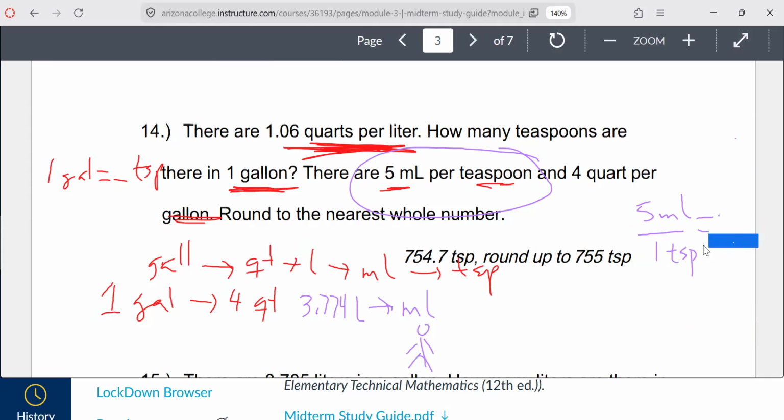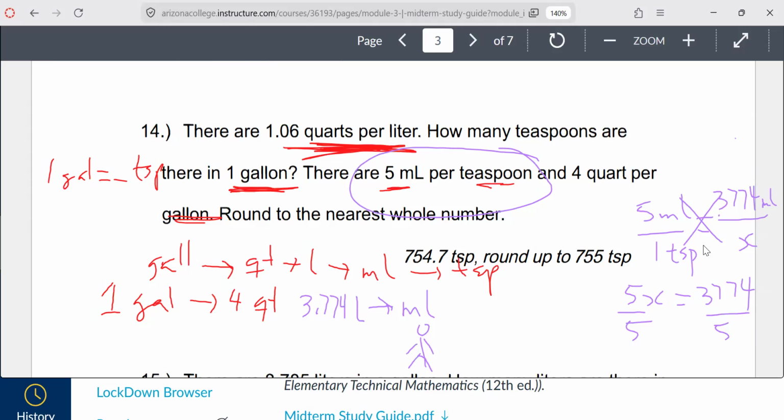This equals 3,774 ml over x teaspoons. You cross multiply. So x times 5 is 5x. And then 1 times that is 3,774. You divide by 5. And that should give you 3,774 divided by 5.